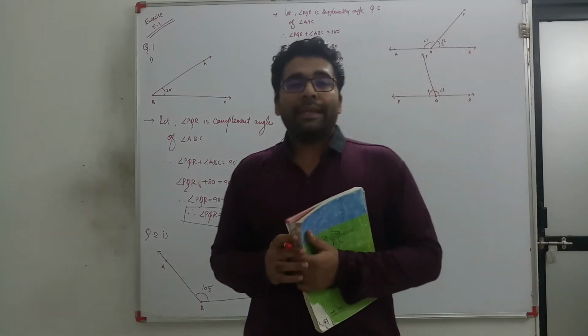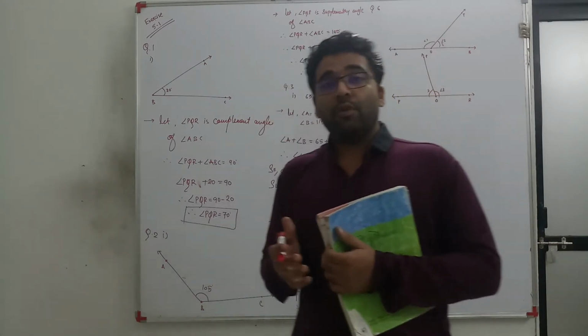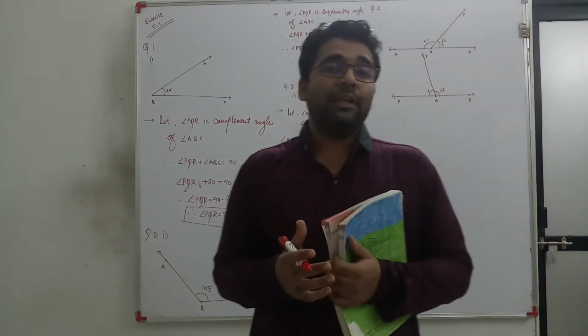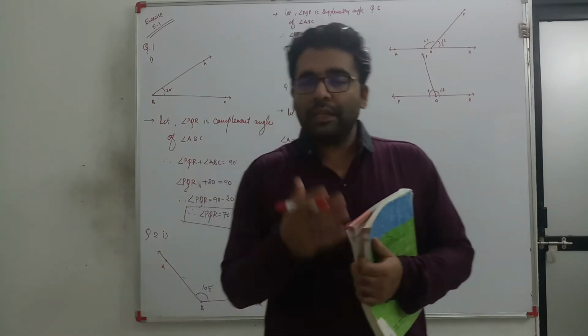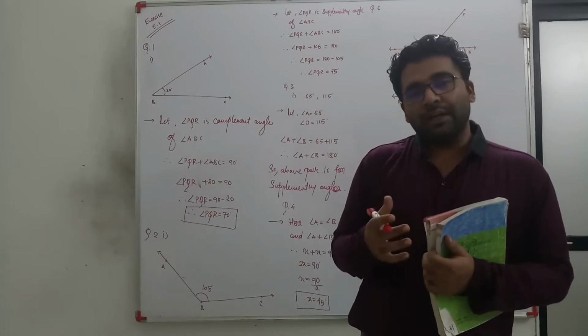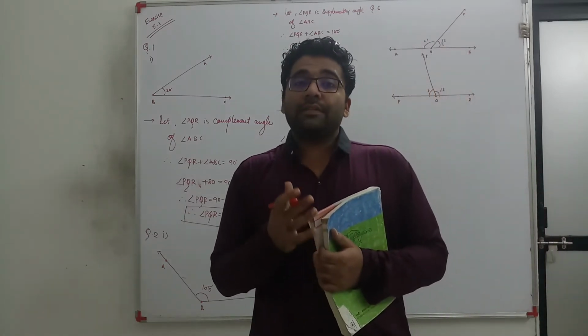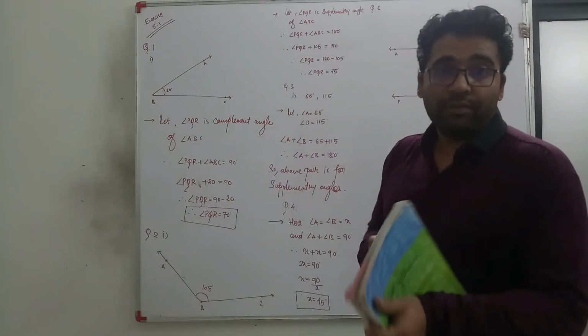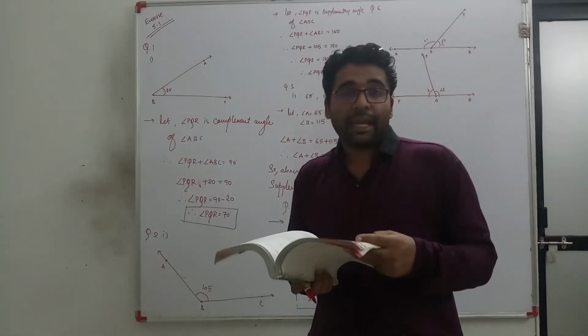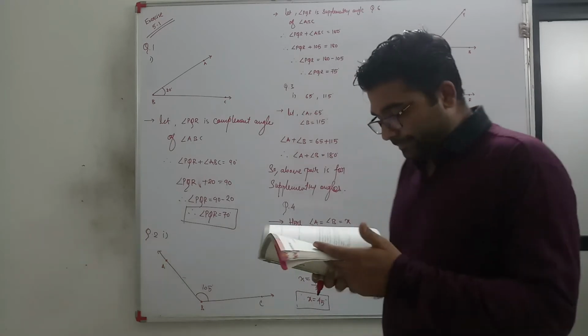In this case, 90 plus 90 becomes 180 degrees. So yes, it is possible to make supplementary angles with two right angles, and that answer you got from question number 5.